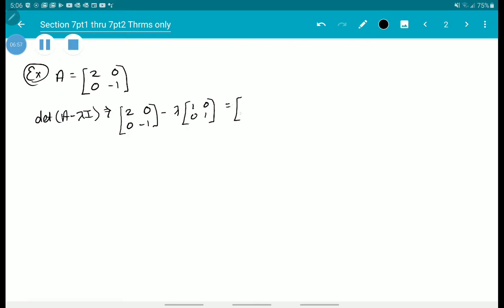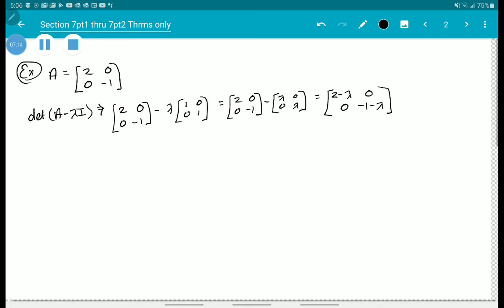So that's going to be the matrix 2, 0, 0, negative 1 minus the matrix lambda, 0, 0, lambda. And that's going to give us 2 minus lambda, 0, 0, negative 1 minus lambda.